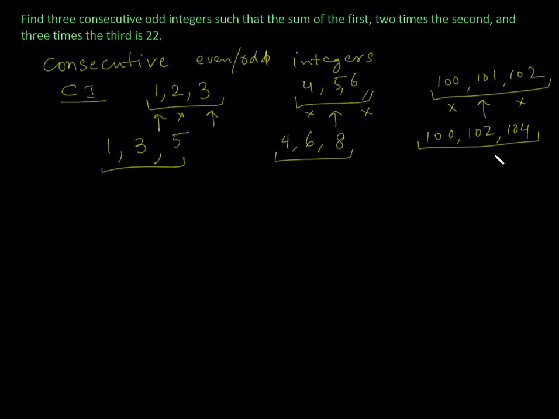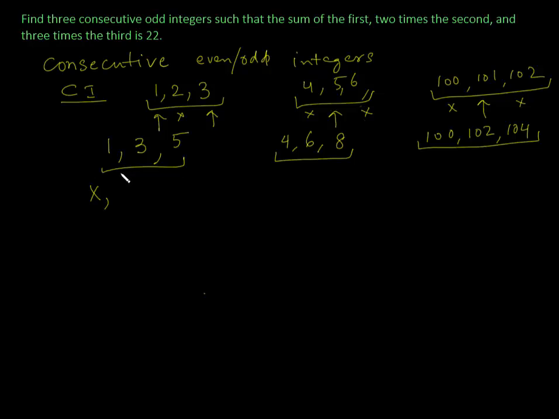Now let's take a look at how we can write 3 consecutive even or odd numbers if we don't know the first one. I don't know what my first one is, so every time we don't know something, we say it's an X in math.